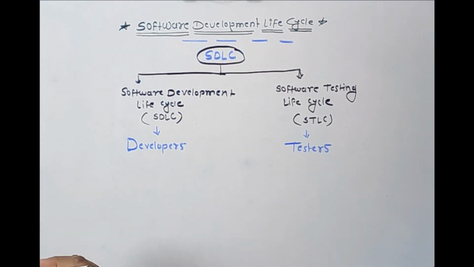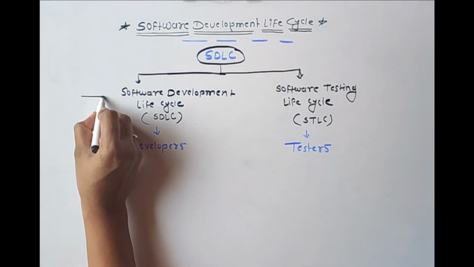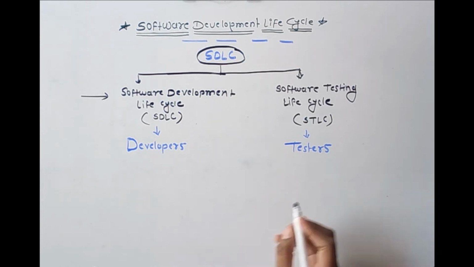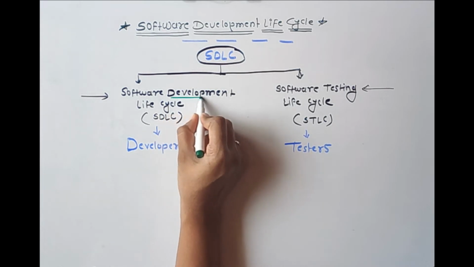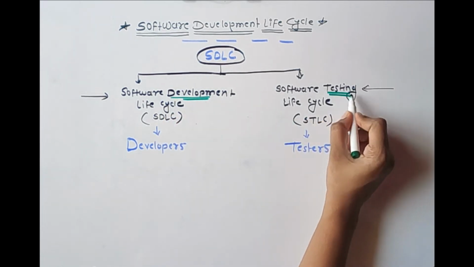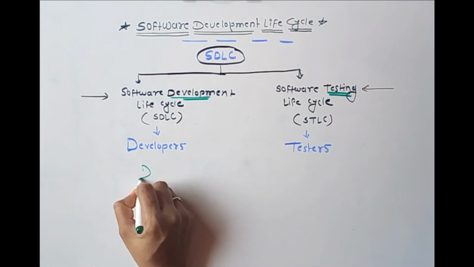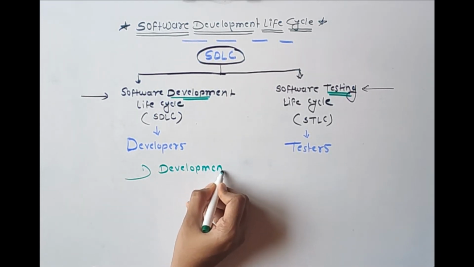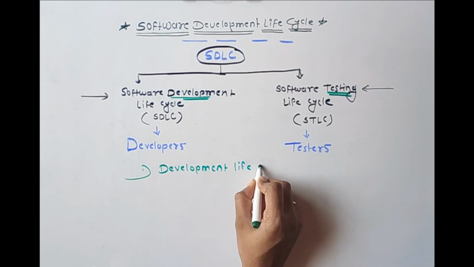So in this, two life cycles are included: first one is software development life cycle and second one is the software testing life cycle. So first of all, we are going to see the development life cycle.